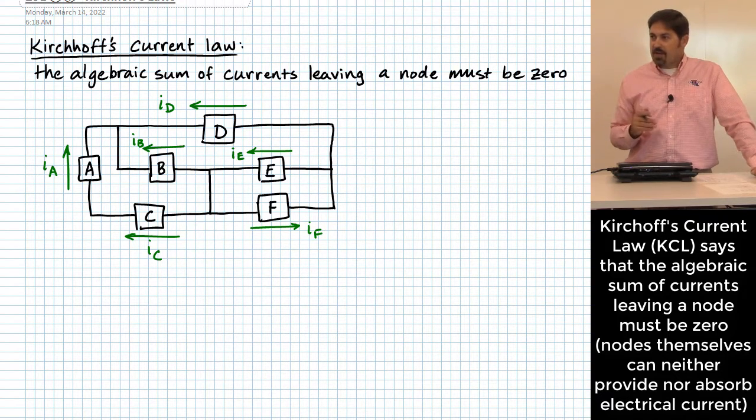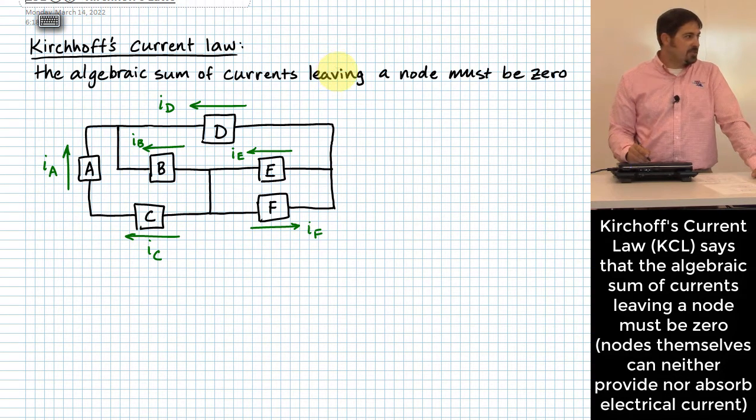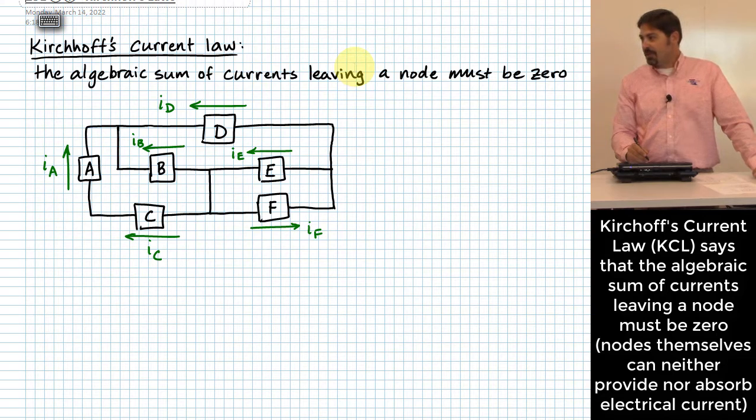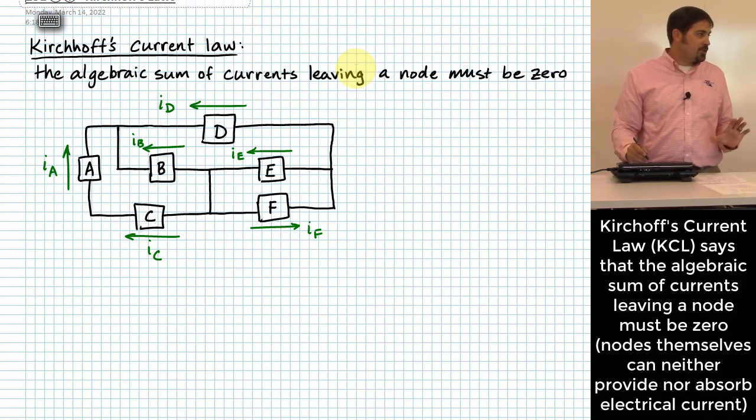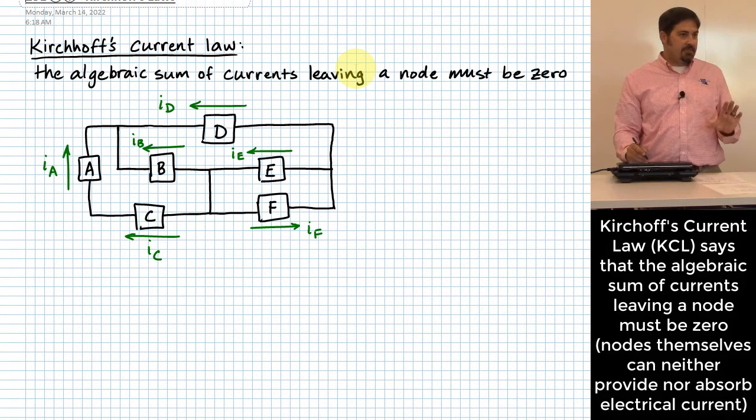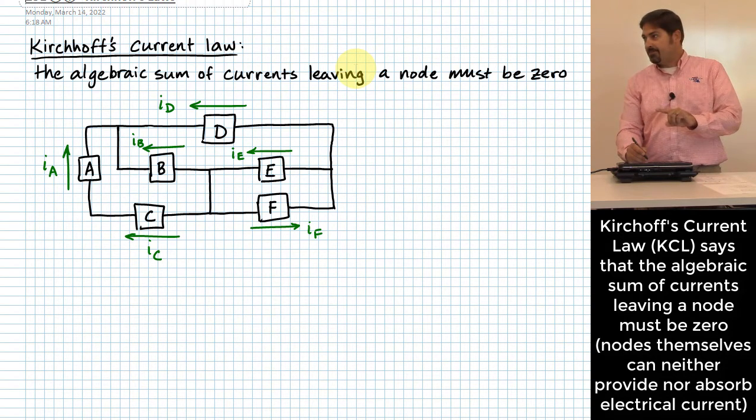Now, I do have to confess, I arbitrarily chose the word leaving right there. I could just as easily have chosen the word what? Entering, right? But I chose one versus the other so that it wouldn't be confusing. Whenever you are doing an analysis using Kirchhoff's current law, you have to choose what direction you are taking to be positive, and anything that is the opposite of that direction, what do you do with it?